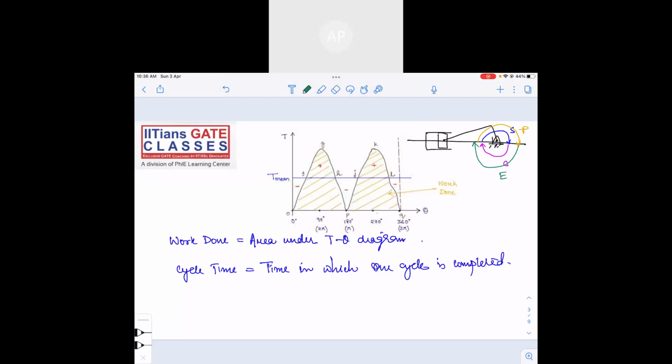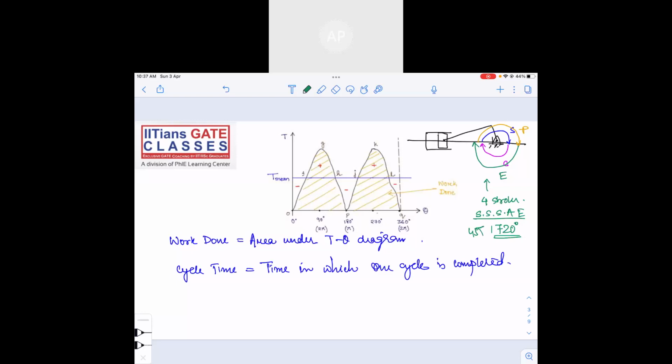So what is the cycle time for a four stroke engine, or simply a single slider, single acting engine? The cycle time is 360 into 2, that is 720 degrees, or you can say 4 pi.